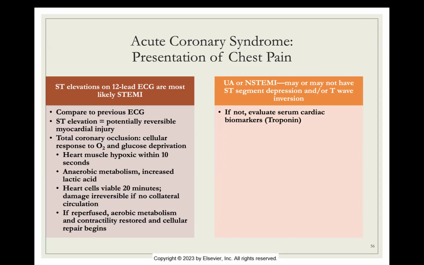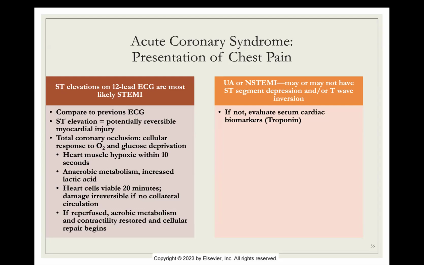And the way that we're going to tell the difference between those two is that in unstable angina, a patient is going to have ST depression or the T wave inversion, but when we check their blood, certain biomarkers called troponin will be negative or not be elevated.